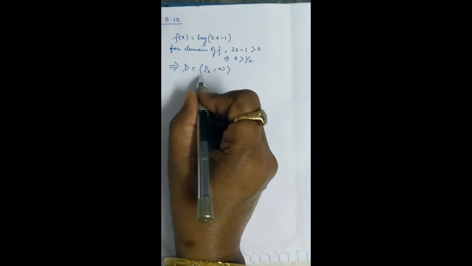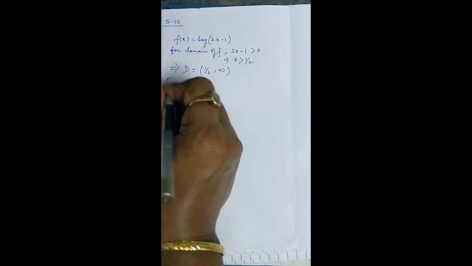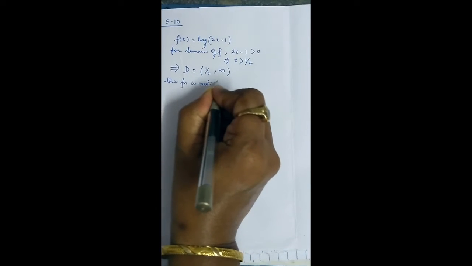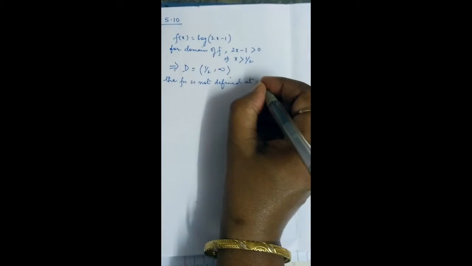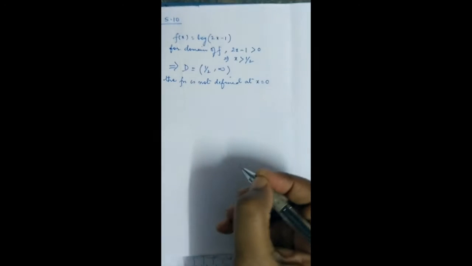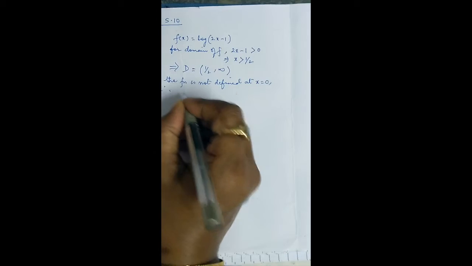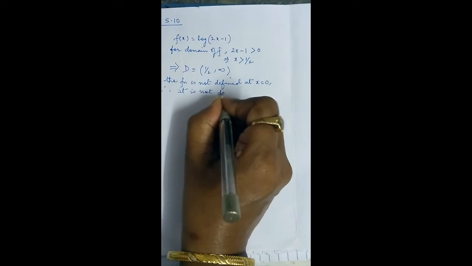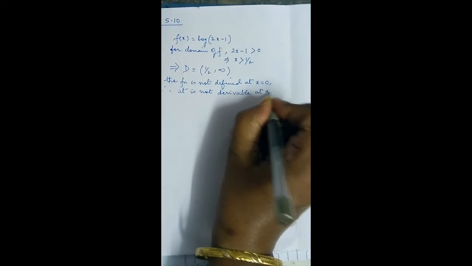Since my domain is from half to infinity, the function is not defined at x equals 0. And if it is not defined, therefore it is not derivable at x equals 0.